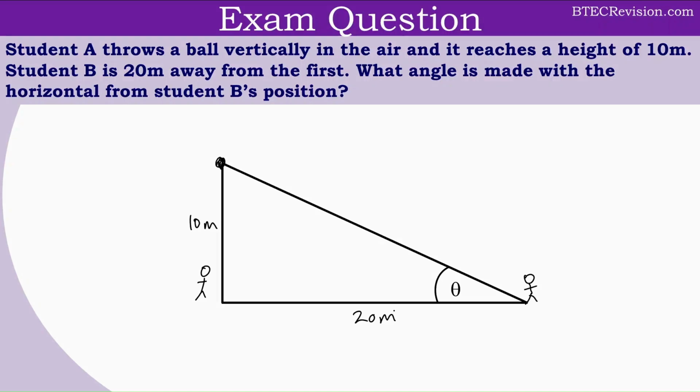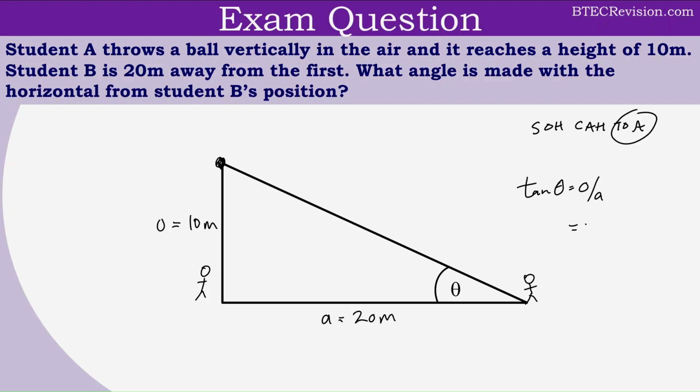Now the question is asking about the angle, so we can use SOHCAHTOA. You can see here that we have the opposite to the angle and the adjacent to the angle. So we're going to use TOA, which is tan theta equals opposite over adjacent.